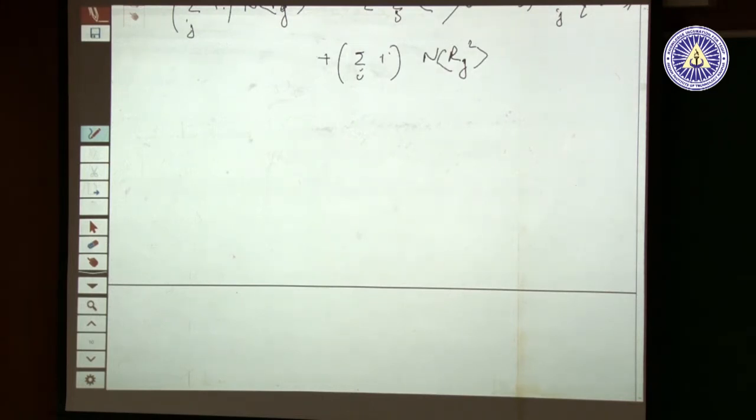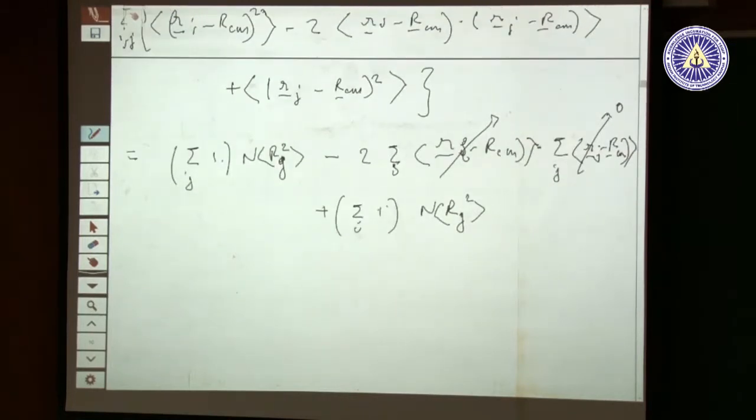So, we have that, if I were to rewrite this, sum over i j of Ri minus Rj the whole squared average. Now, this sum of j from 1 to n is just n, right, because it is just 1 added n times, that is n squared.